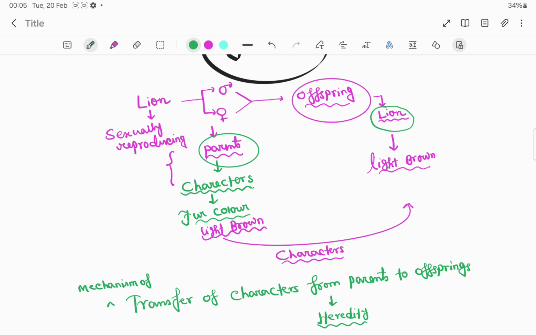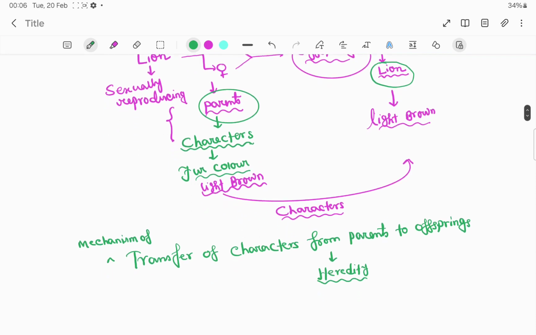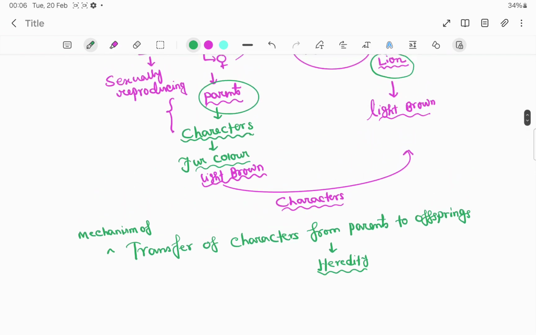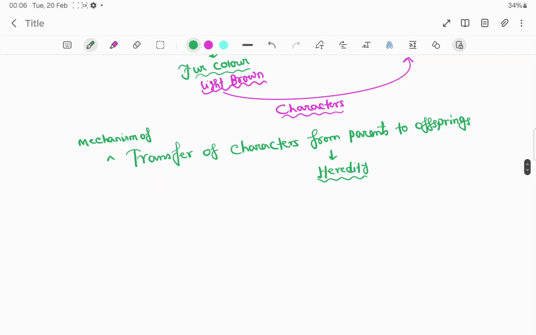During this reproduction, the characters which are present in the parents get transferred from the parents to the offspring. So the mechanism of the transfer of characters from parents to offspring is called heredity, or you can say inheritance.